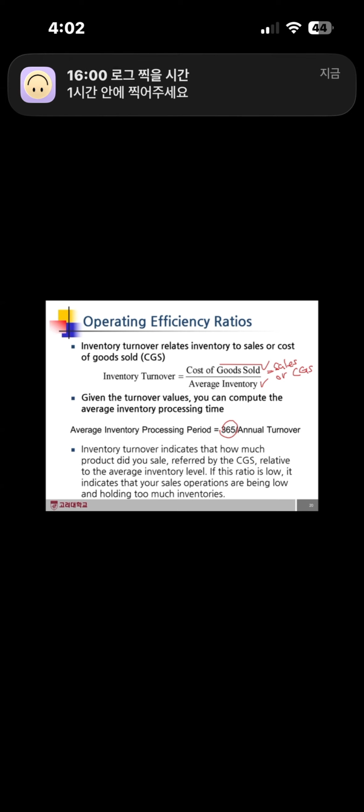You may use cost of goods sold instead of sales in the formula for inventory turnover because inventory is typically calculated at cost. In accounting, on a balance sheet, your inventory is valued at its cost, not the current market price.